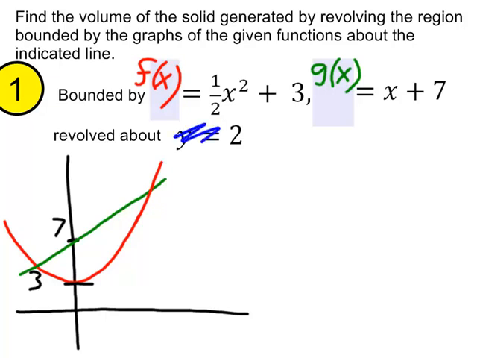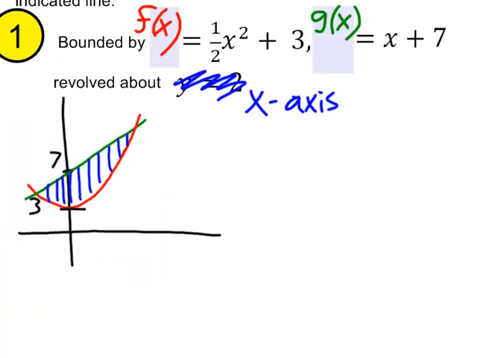Now let's consider for just a moment, what if we were asked to revolve this region about the x-axis? And of course the region I'm talking about is this one right here. If that were the case, then f of x and g of x would give us the radii of this outer volume here.